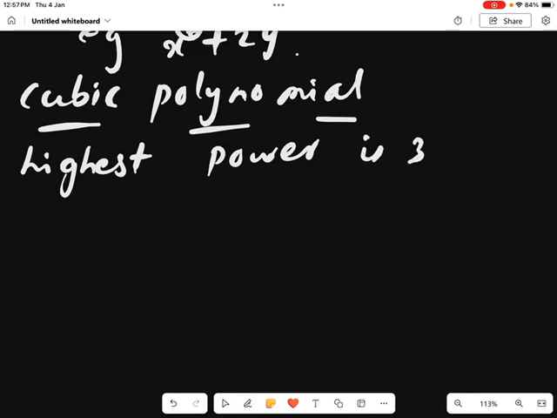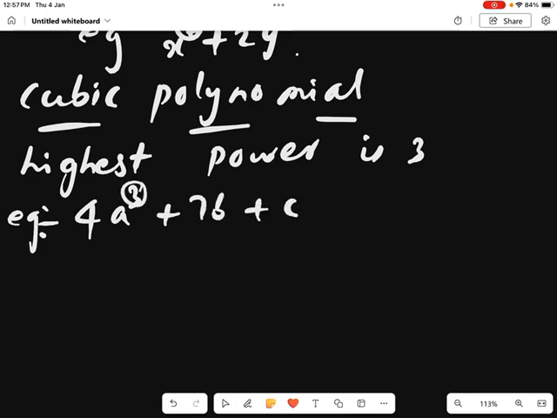That means the degree of the polynomial is 3, then the polynomial is called cubic polynomial. Example: 4a cube plus 7b plus c. The highest power is 3, that is degree of the polynomial is 3. Then the polynomial is called cubic polynomial.